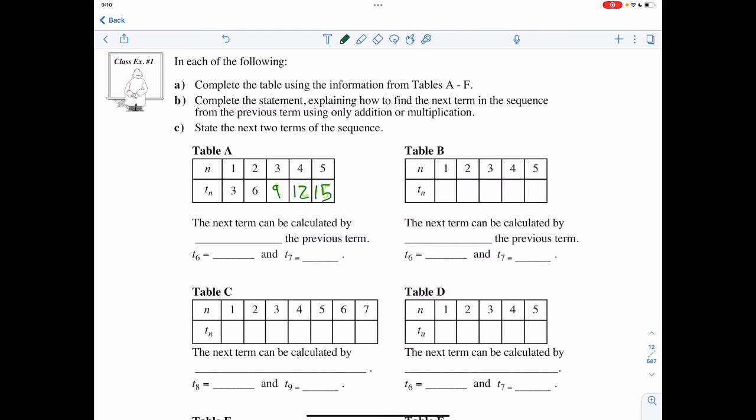The next term can always be calculated by adding 3 to the previous term, which means that term 6 would be 18, and term 7 would be 21.